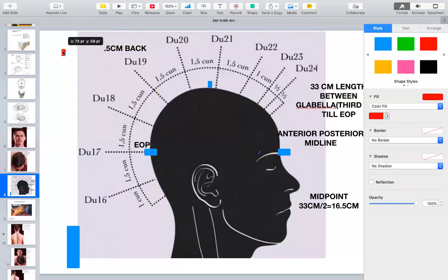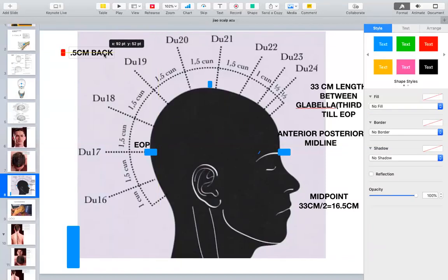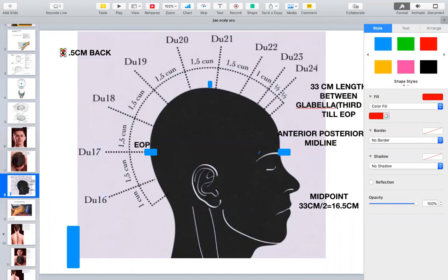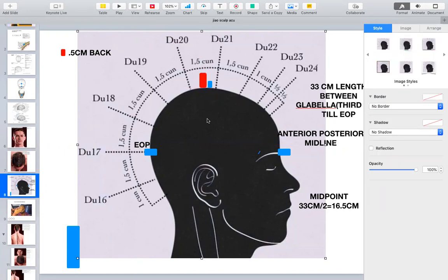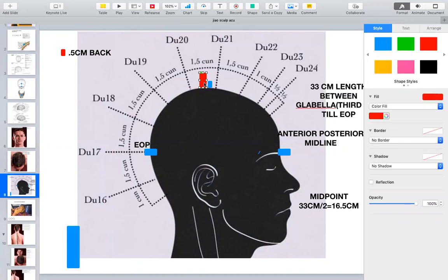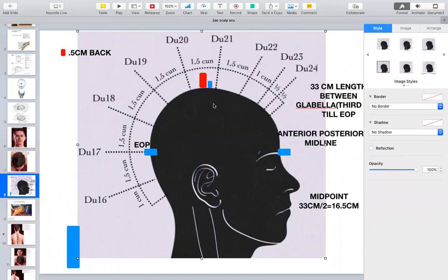I am showing it with the red color, 0.5 centimeter back. That point will be my first point. The name of this point is the motor point, which I am showing with the red color.